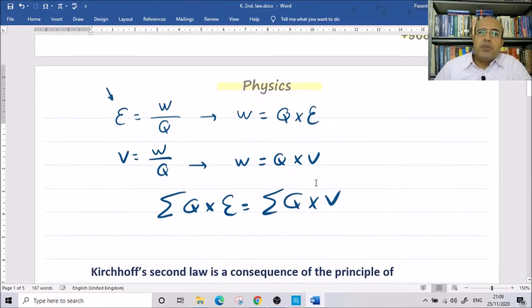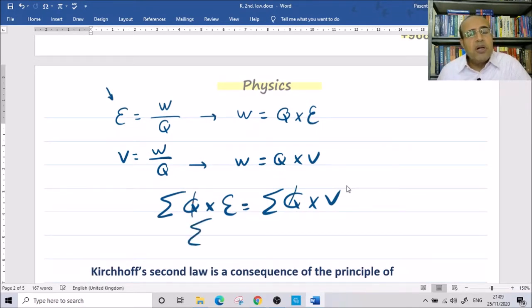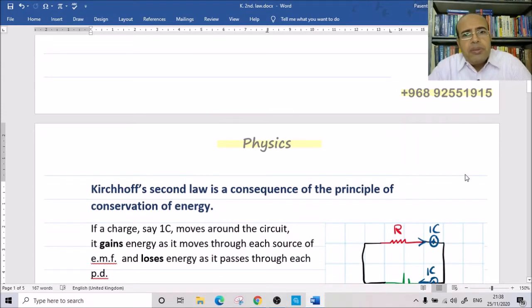If we talk about unit charge, we cancel Q with Q. So the sum of energy in, or the sum of EMF, equals the sum of potential difference. Kirchhoff's second law is a consequence of the principle of conservation of energy.